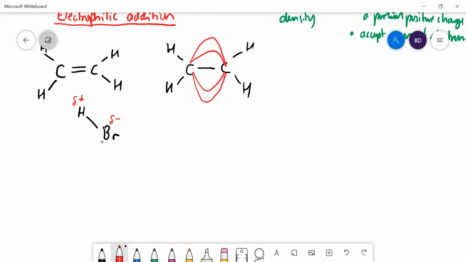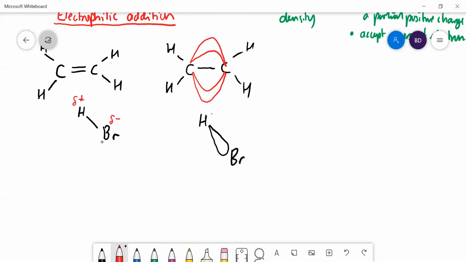Then we've got our hydrogen, which is kind of denuded of negative charge. I'll try and draw that like this. That shows you that the bromine is getting more. The bromine's got 3 lone pairs there as well. I'm not going to bother drawing them, but the bromine is getting more than its fair share of those electrons.